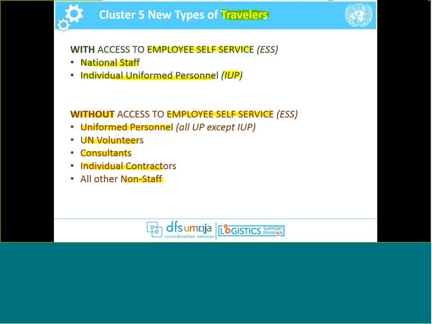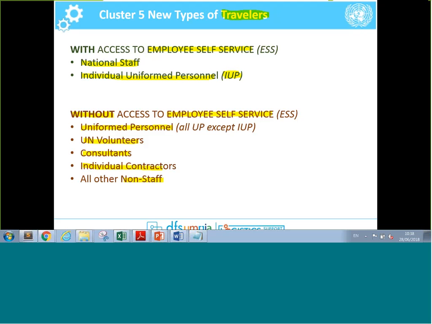These ones are going to be the ones that will have access to the portal. And all the others, like contingents and troops that normally are deployed in the mission using a charter flight, don't have access to the portal, and everything will be done on their behalf by the travel administrator. Okay? All right.